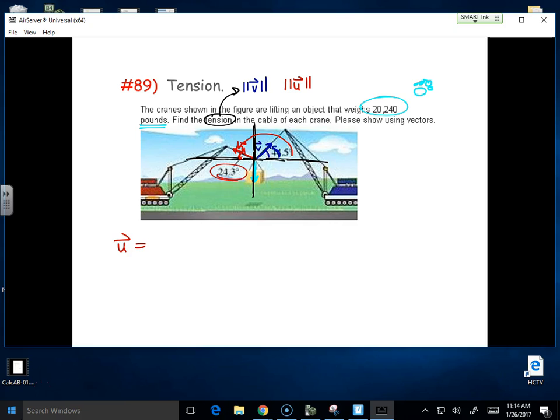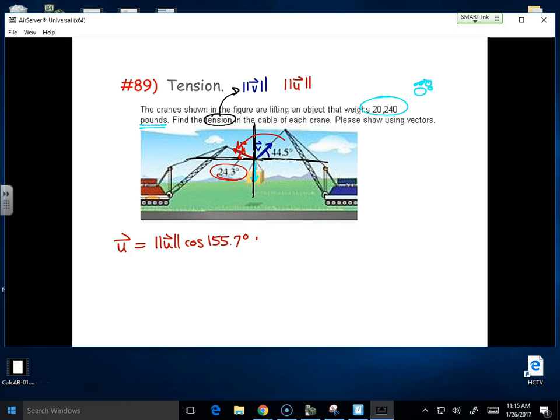Are we going to use the 24.3 if it's headed the opposite direction of my 44.5? No, I'm going to use what he is in standard position. And kiddos, what would he be in standard position? 155.7. Okay, so 155.7. For the horizontal component of u, couldn't I do magnitude of u cosine of, what was it, Luca, 155.7?